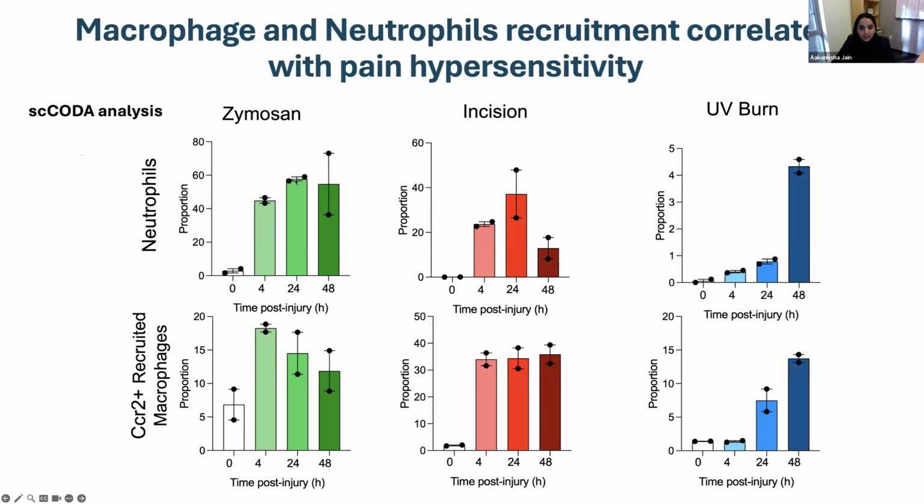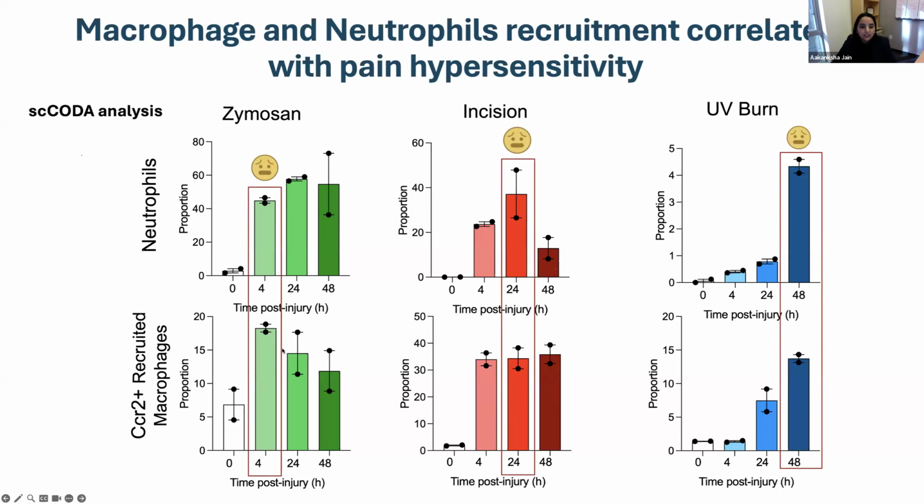So here it was very interesting, because you can see that both of these cell types change in proportion at different time points. So for example, in Zymosan, the macrophages and neutrophils are immediately infiltrating the tissue. And this sad emoji is to remind you where we found the peak hypersensitivity in each of these settings. So you can see that the recruitment correlates with the time kinetics of pain hypersensitivity.